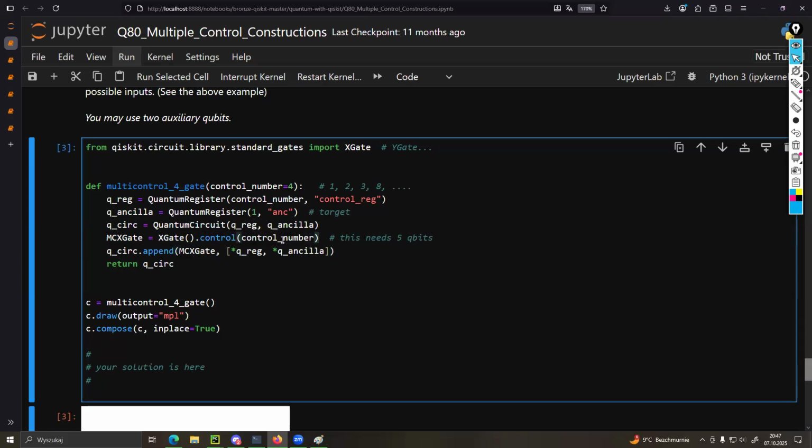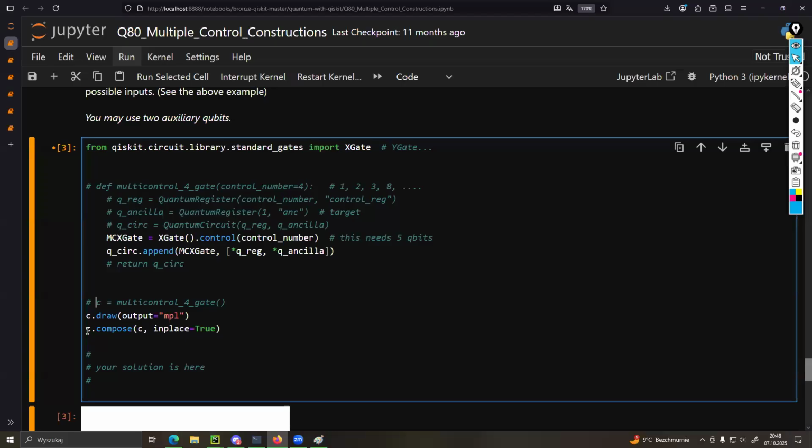This control is like a control number. You can pass in 5, 6, 8, whatever. And then you use it like this. This will be your target circuit. So you can even completely disregard these operations and use it like this.